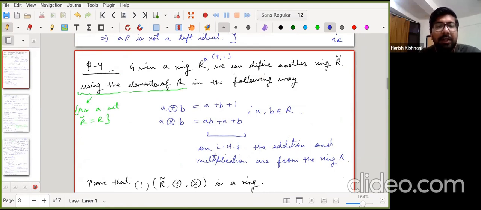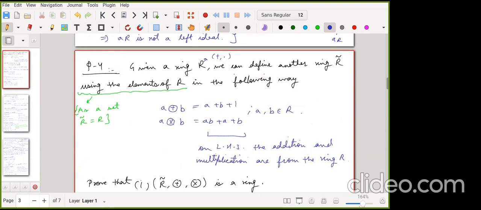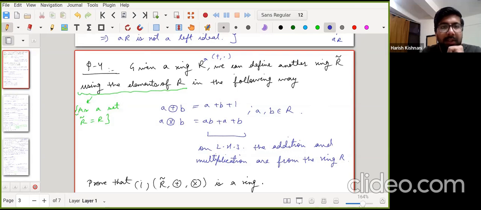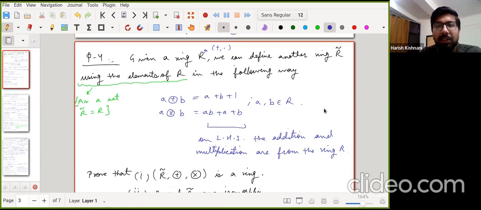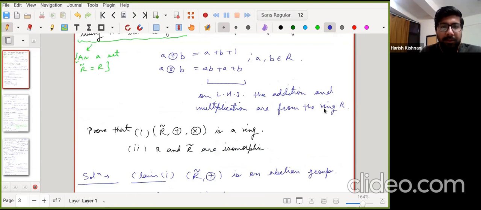So 0 of R tilde is minus 1 of R, and the multiplicative identity of the new ring is just the additive identity of the original ring. And interestingly, both the structures don't differ because we proved that both structures are isomorphic as rings.